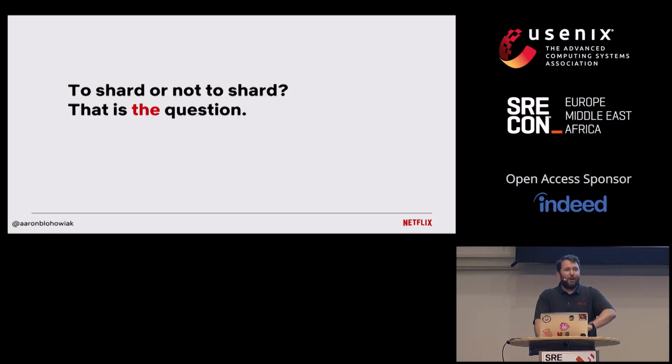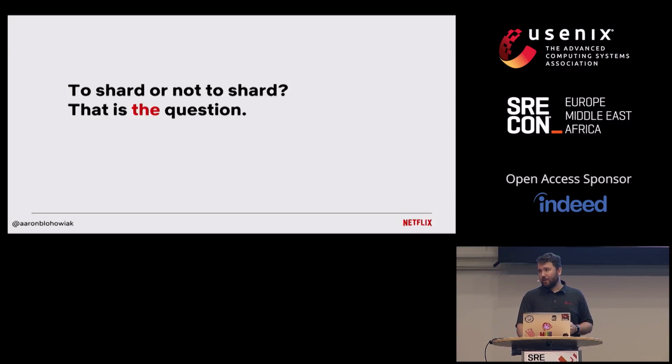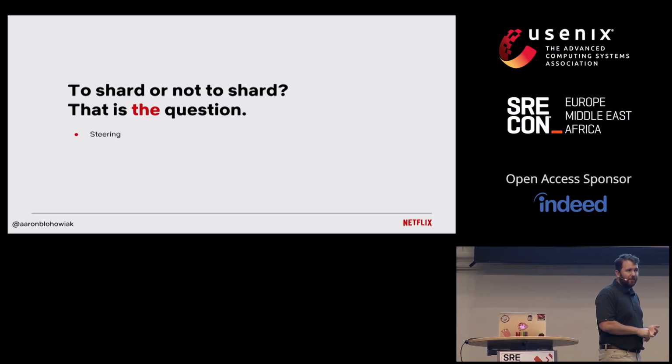So this whole all data everywhere, or all data in 2 places thing is basically sharding or not. Sharding your data and sharding your users. And that's the question that's going to drive many architectural decisions. And it may very well make sense to start with all data everywhere and then migrate to data being sharded and only in 2 places. Steering. Being able to send any user to any region is hugely powerful. It means our client applications don't have to have any awareness of multi-region.